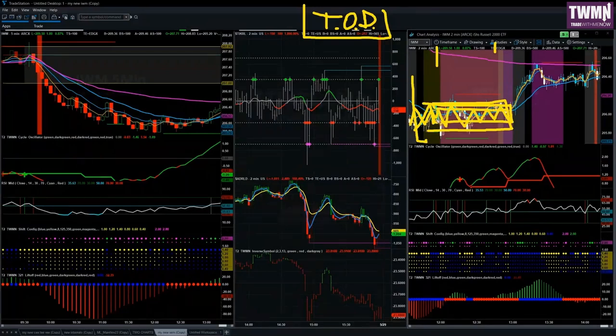That's just the way it is. There's low volume, there's revenge traders. It just kind of goes all over the place. So what we wait for, as the market was coming down like this, is the shift. The shift would be this way, right?